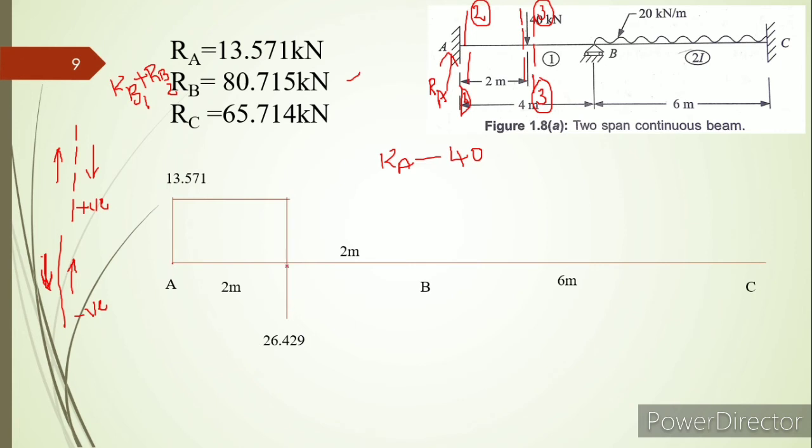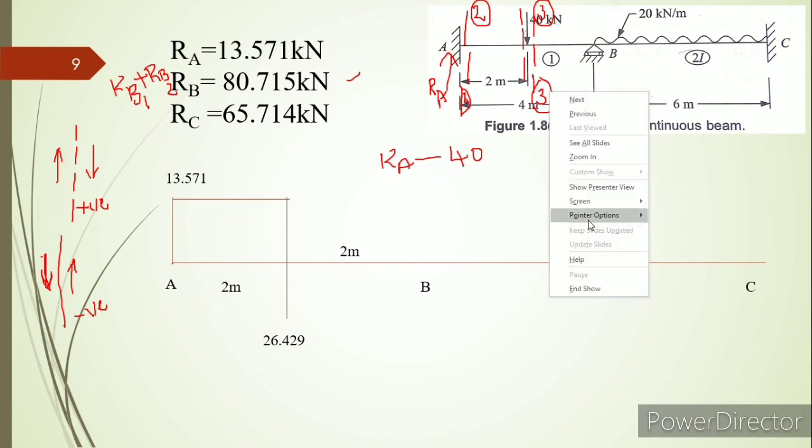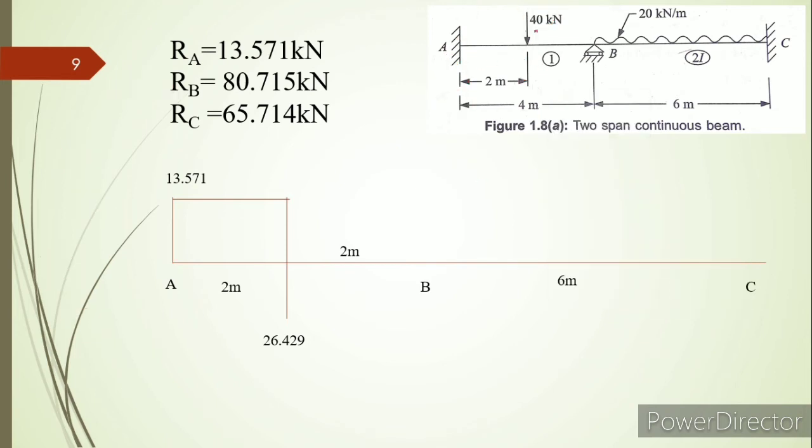Since the value is negative, it is marked below the baseline. Then up to the support B there are no other external loads, therefore the value is constant up to this support, and draw a straight line up to support B.